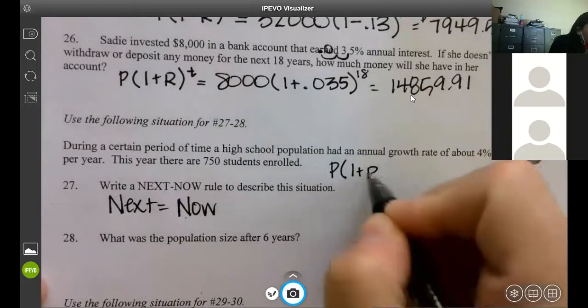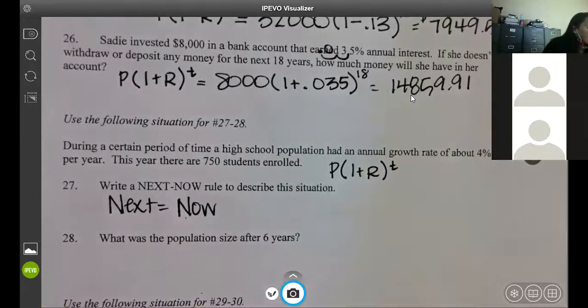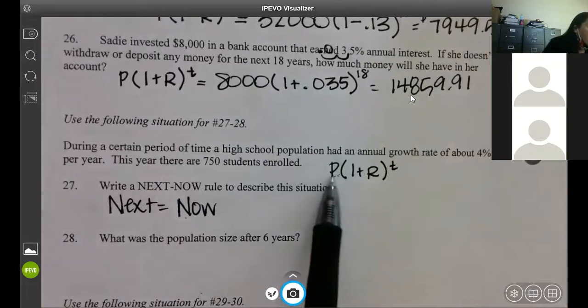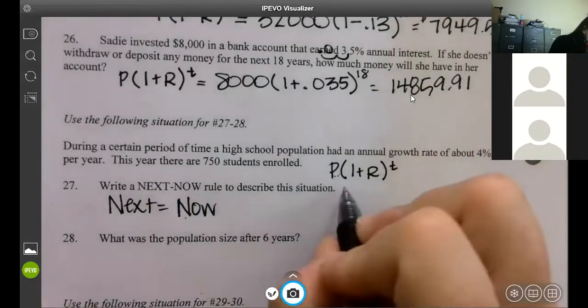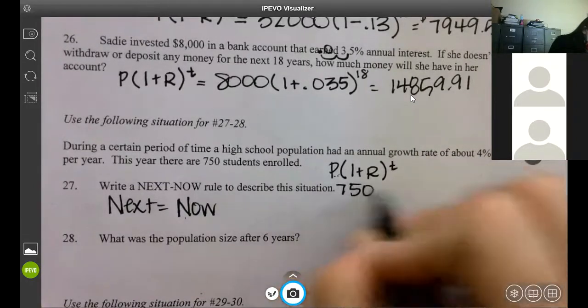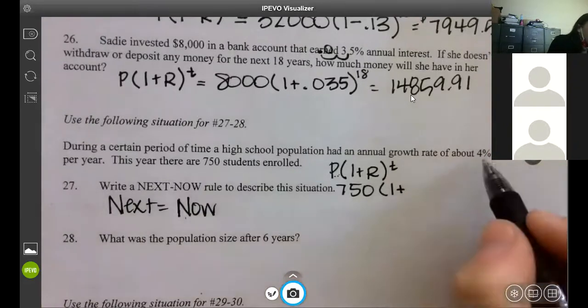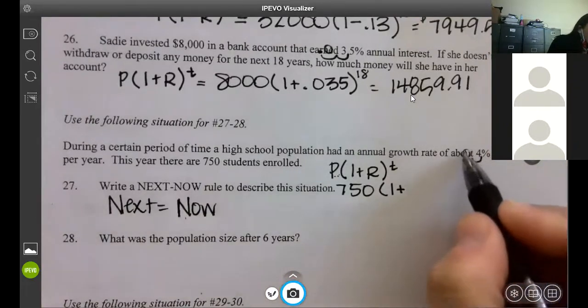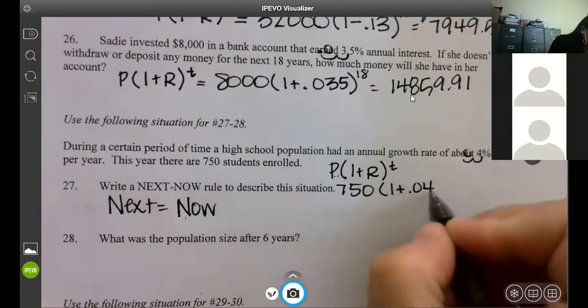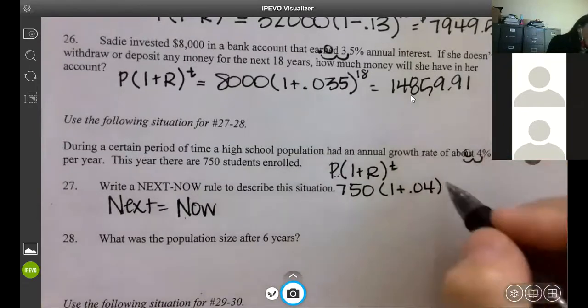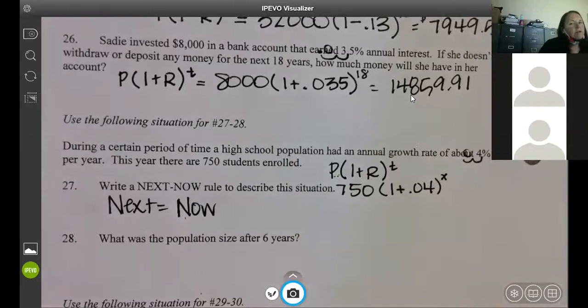So it's a plus like this, okay? What do we start with? One plus, our rate was 4, make it a decimal, so 0.04. And then we don't know how long, so we're going to put our X.